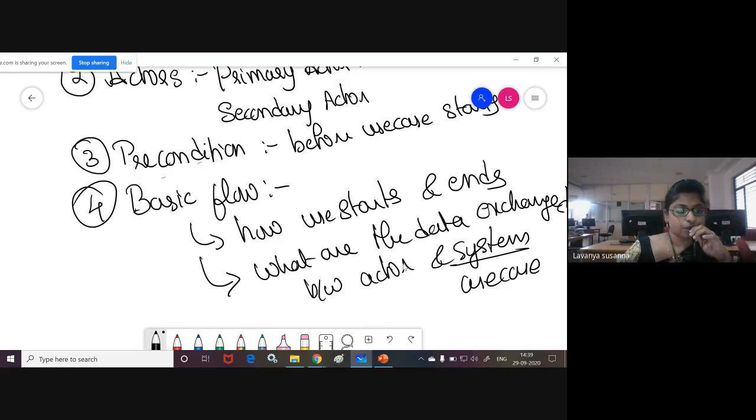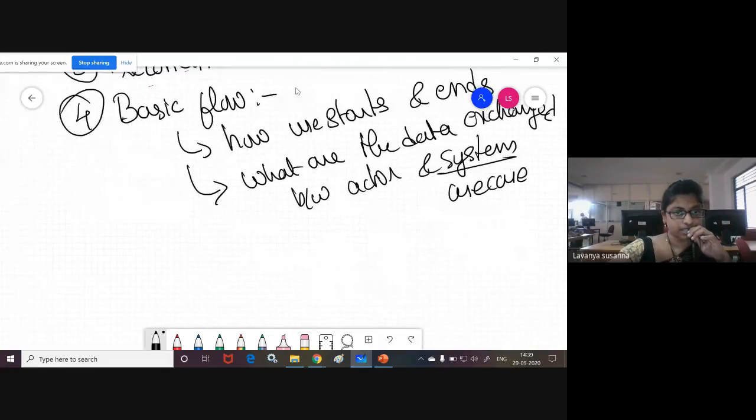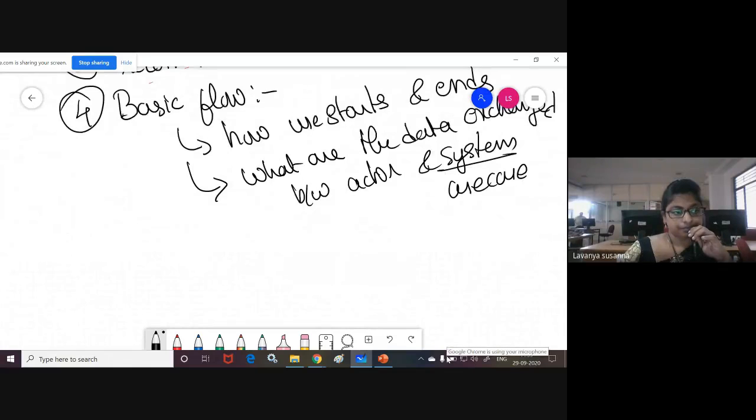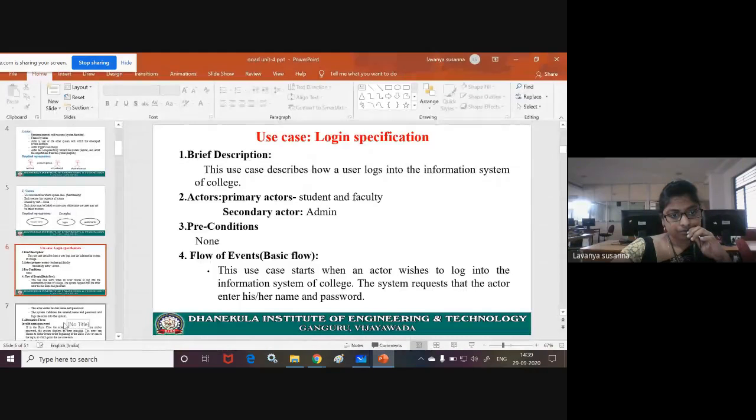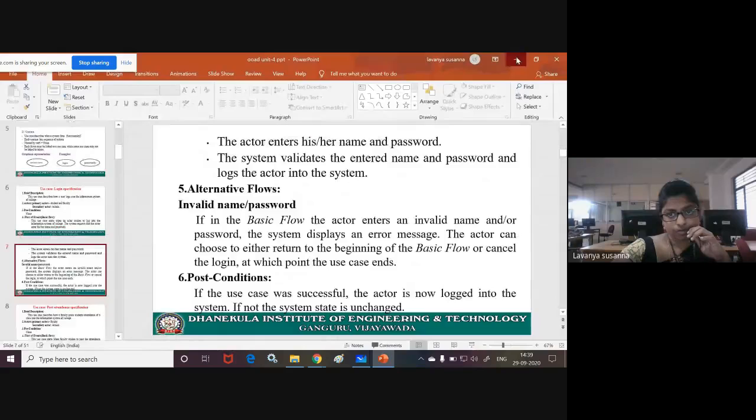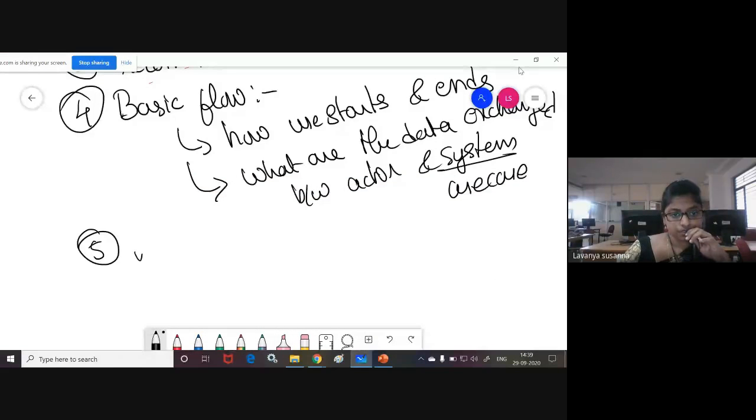In basic flow, you are going to represent this. Remember, every use case will have this specification, nothing but a detailed description of the use case. The fifth point is alternative flows.